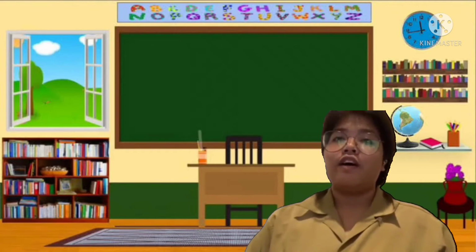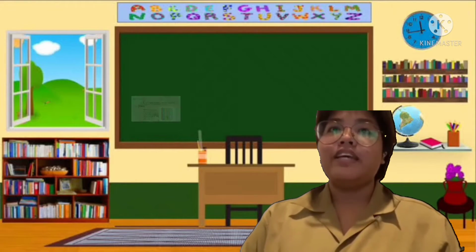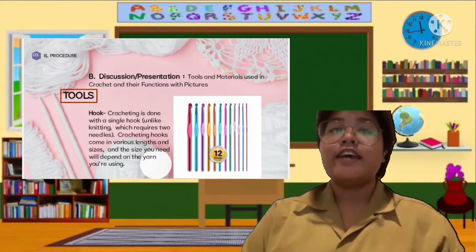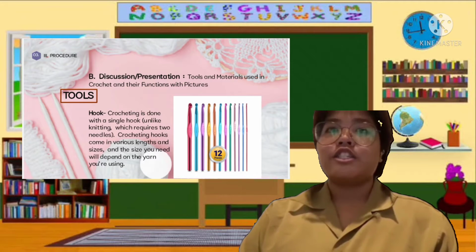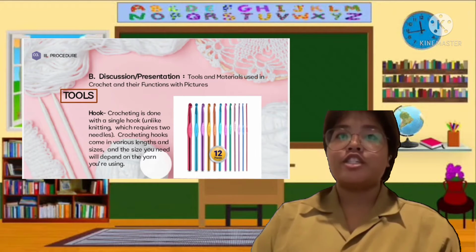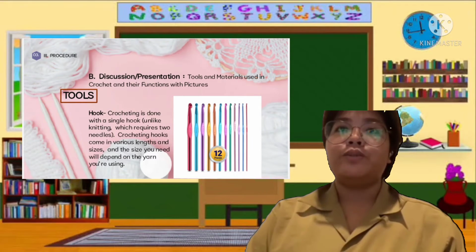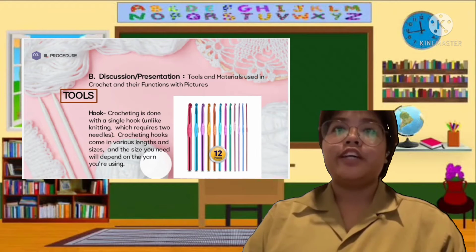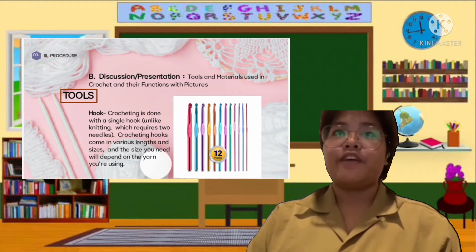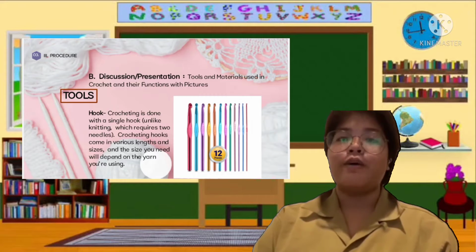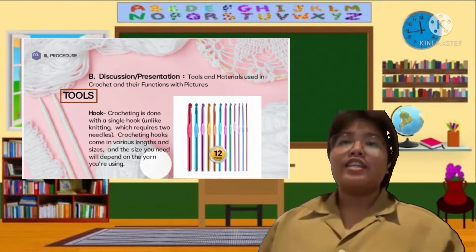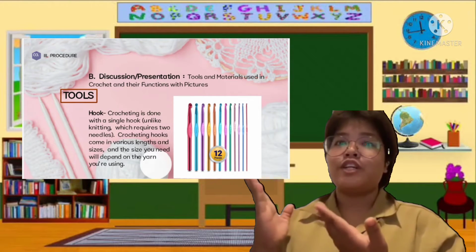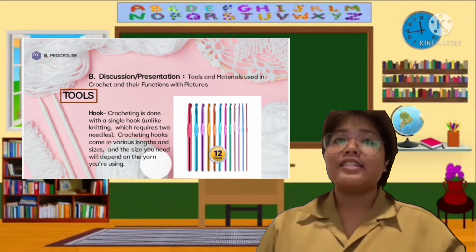Under the pre-discussion proper, letter B, discussion or the presentation. In this section of the procedure, we are going to know the tools and materials used for crochet and their function with pictures. As you can see here, I have a picture of a hook and its definition.